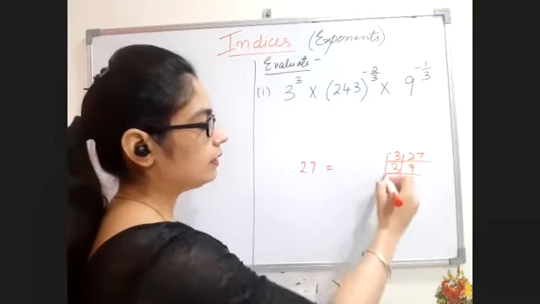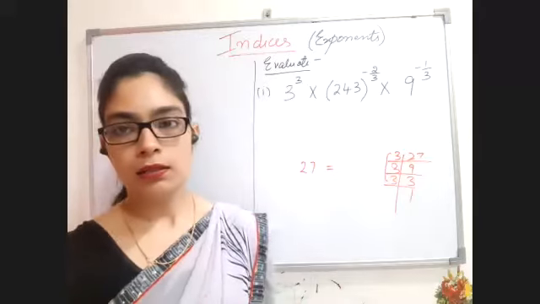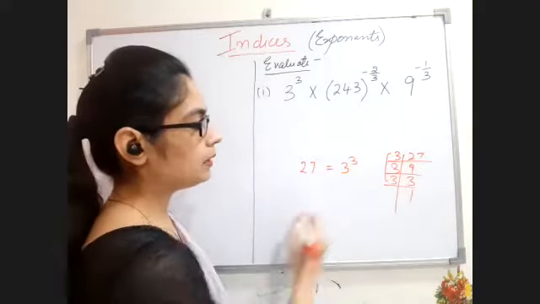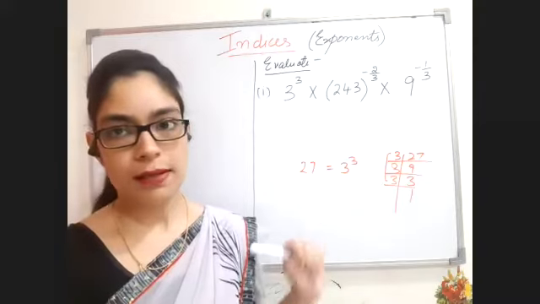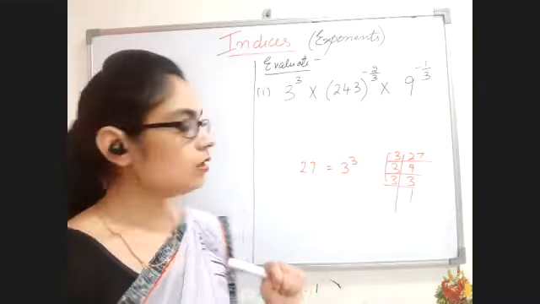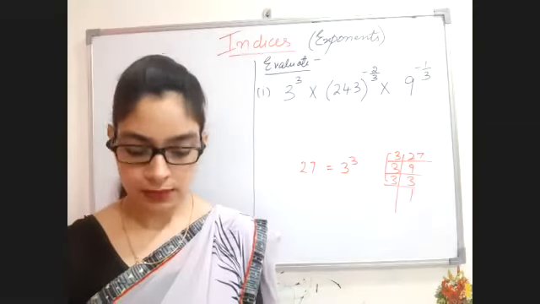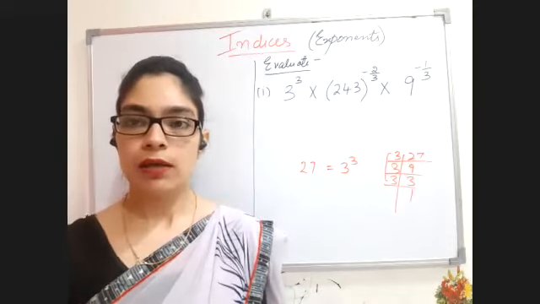So if I multiply 3 three times, I get 27. That means 27 is equal to 3 to the power 3. So wherever it is possible that a number can be converted into its exponential form, we have to convert it.